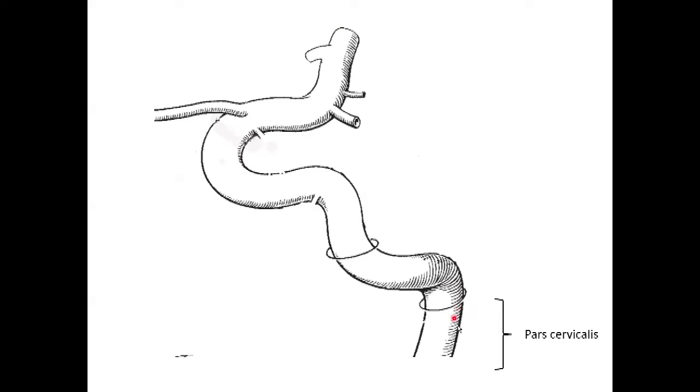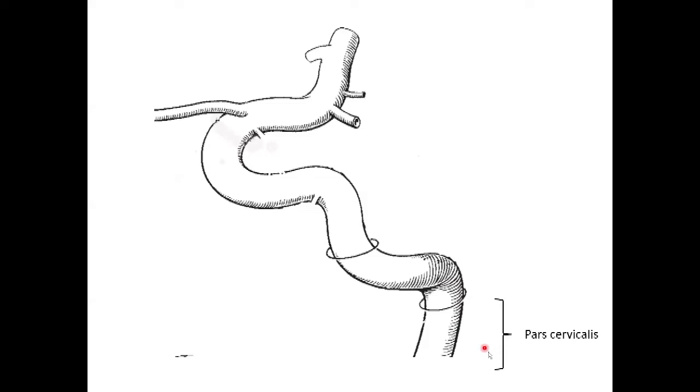It's very interesting that the first part of the internal carotid artery, the cervical part, is quite long but without any branches. It's very interesting that the internal carotid artery has no branch in the cervical part.